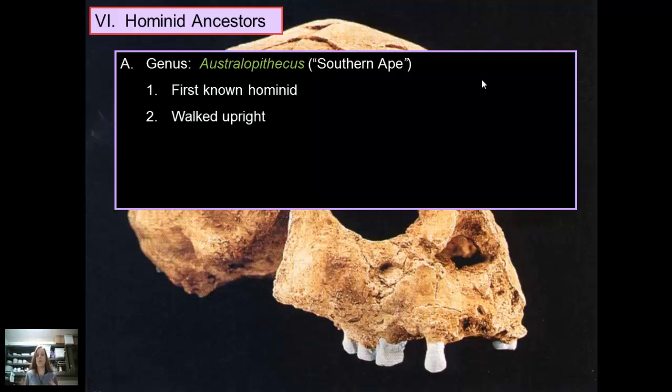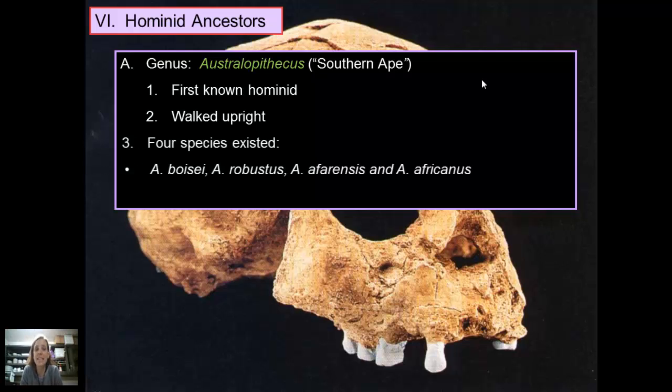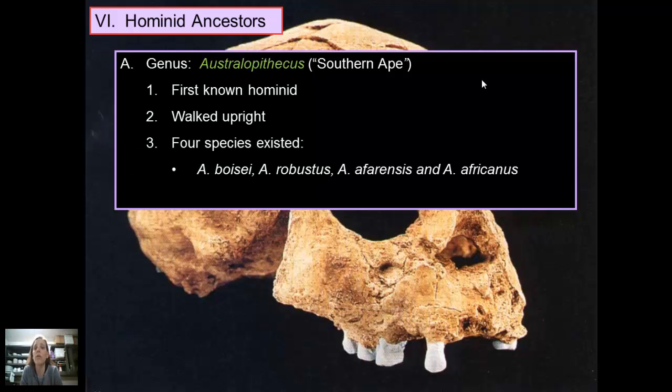When we use carbon dating to date the fossils that have been found by paleontologists, Australopithecus is the oldest fossil. Australopithecus did walk upright, and there are 4 known species of Australopithecus. Australopithecus lived between 4.4 and 1.1 million years ago.